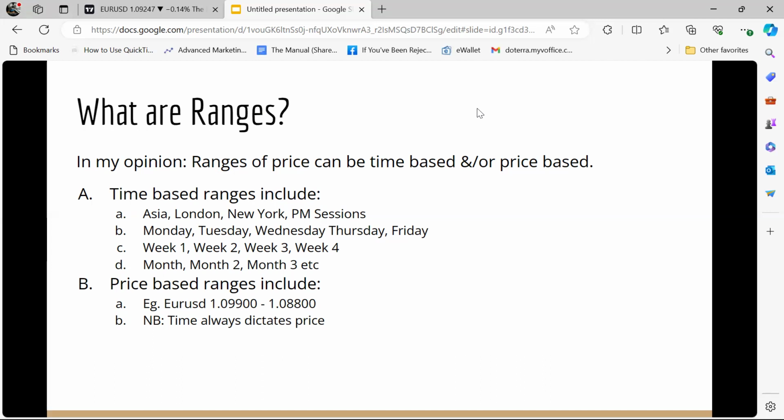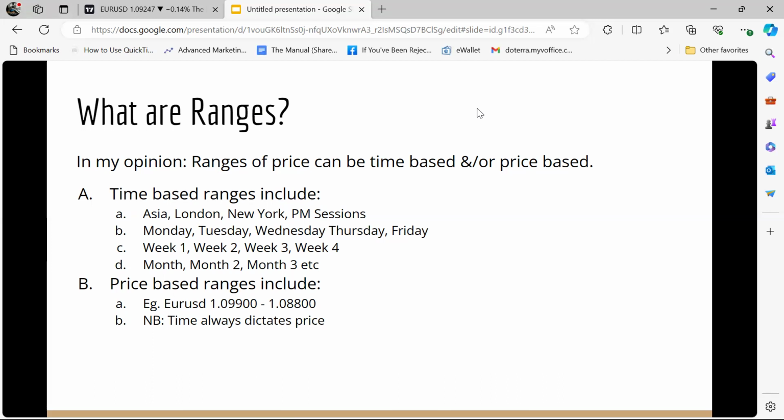The types of time-based ranges include session ranges, like Asia, London, New York, the afternoon session, the days, weekly. So we have Monday, Tuesday, Wednesday, Thursday, Friday, or we can have week one, week two, week three, week four, that's a monthly. And if we're going into the yearly cycle, you're looking at month one, month two, month three, etc.